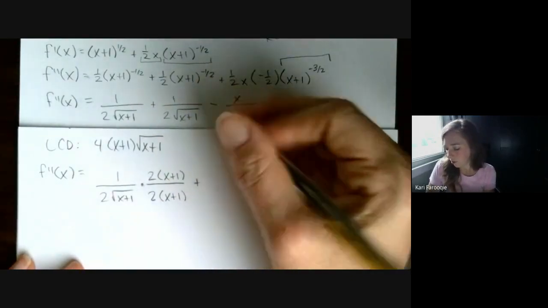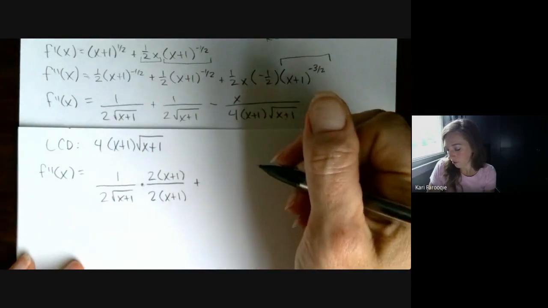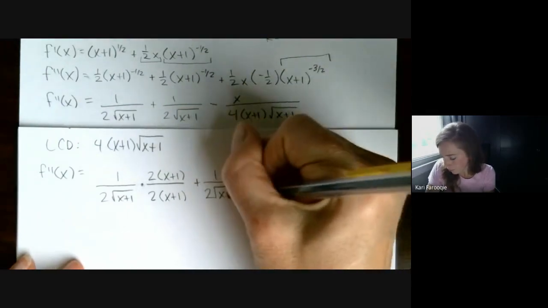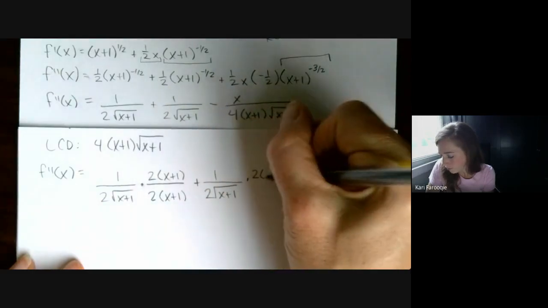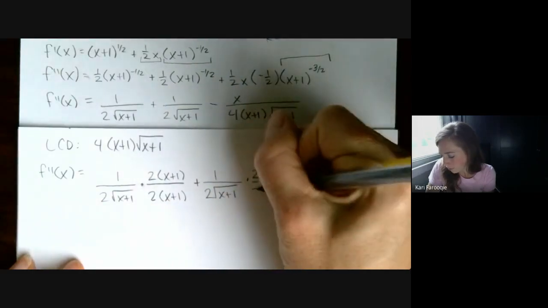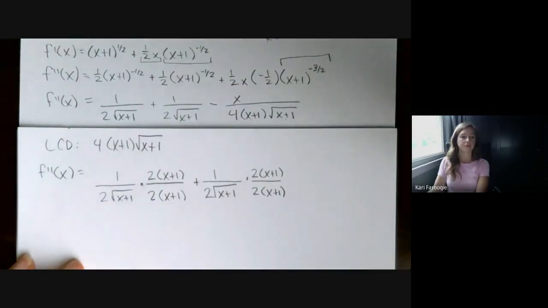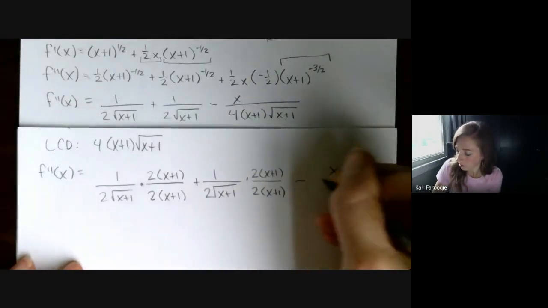Technically, you could have just combined these two terms together first. I did not, but whatever. It's six of one, half a dozen of the other. Okay, and then your last term already has the LCD.